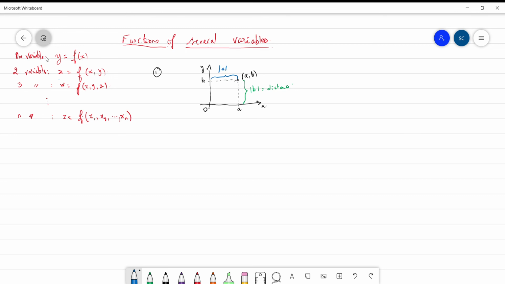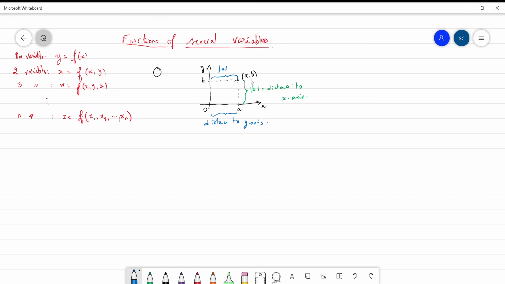This is the distance to the x-axis, and this one is the distance to the y-axis. So this is how we represent a point.